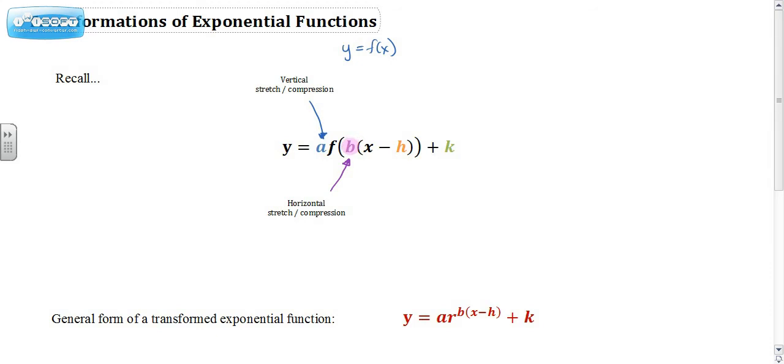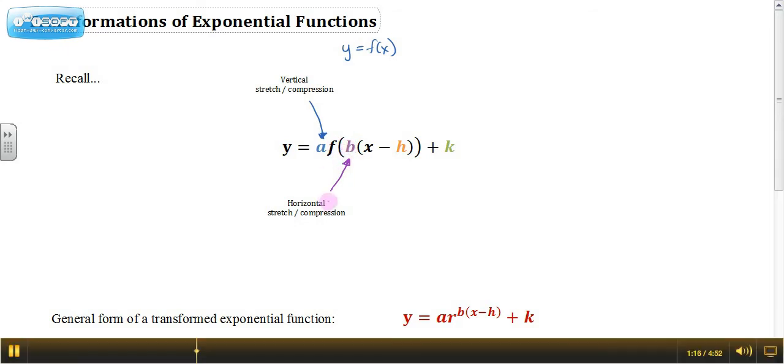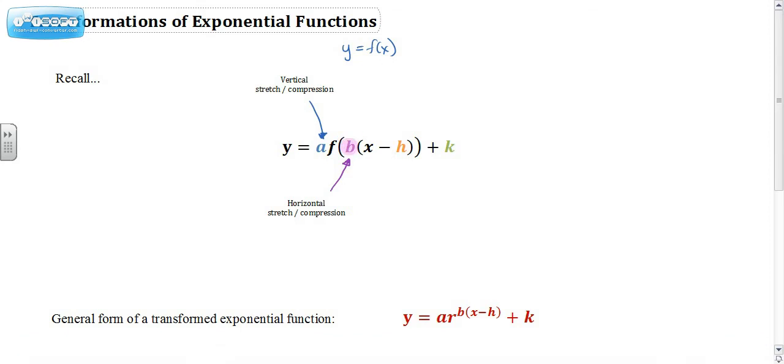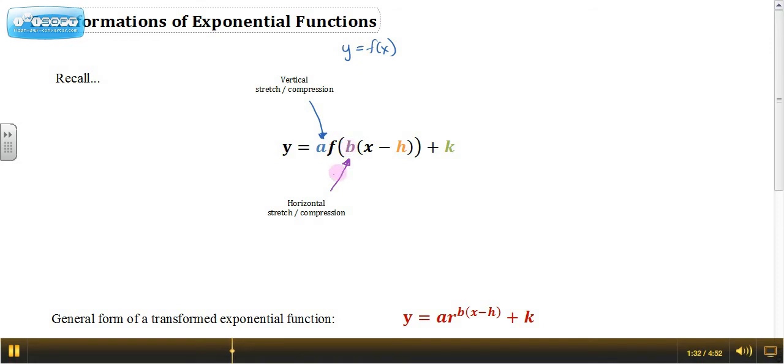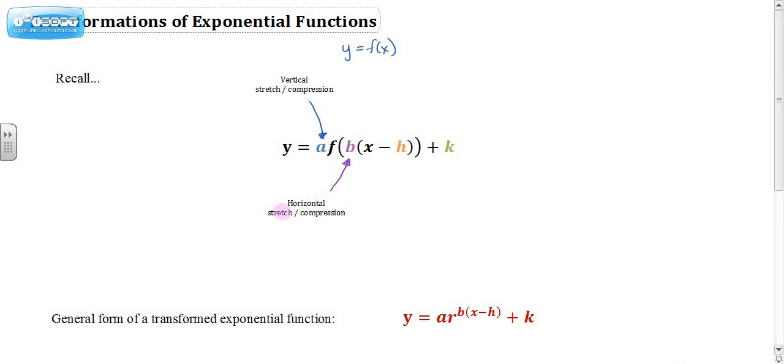So if I see a value of 2 inside of my function, that tells me I need to apply a horizontal compression by a factor of the reciprocal of that value, which instead of 2 will be 1/2. If I see a value of 1/2 in my b value, inside my function, that tells me I need to do a horizontal stretch by a factor of 2.